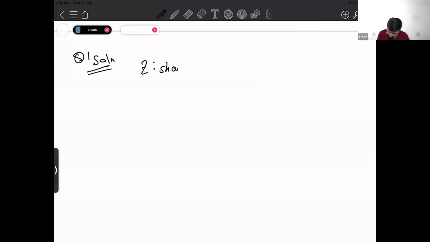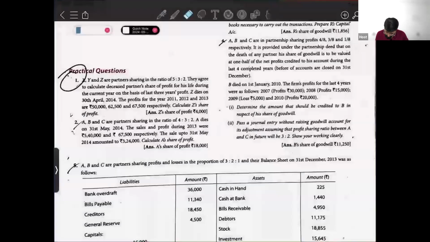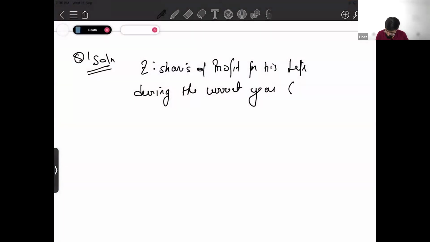Z's share of profit for his life during the current year. Current year is now 2014, taking the last 3 years' profit as base.